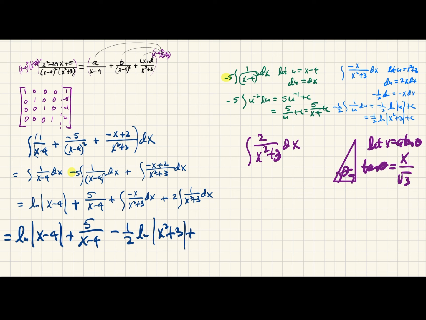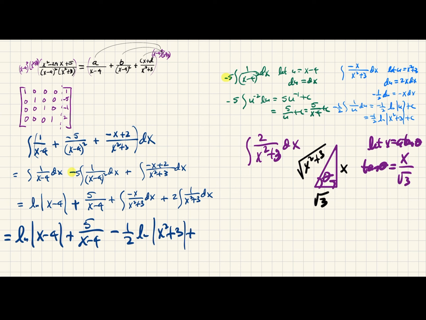Now, tangent is opposite over adjacent, right? So I'd have opposite x over adjacent square root of 3, and this side here would be square root x squared plus 3, wouldn't it? So yeah, I think we are in good shape here to call that a tangent.